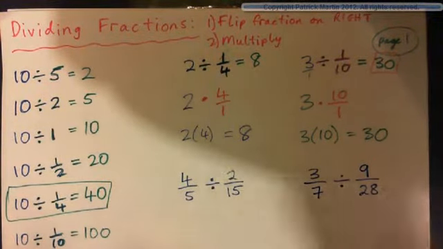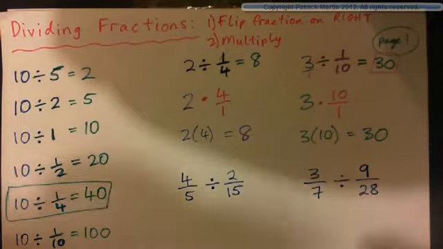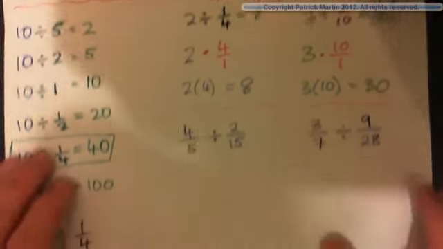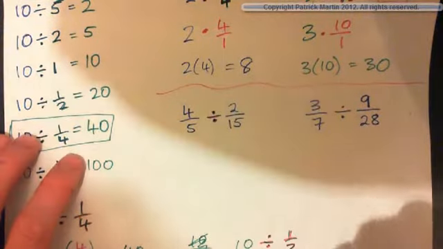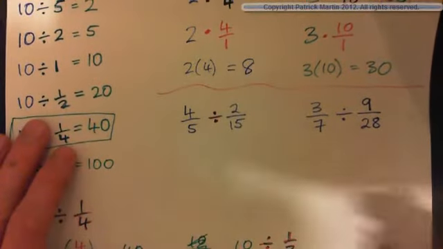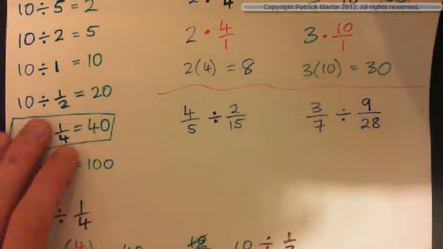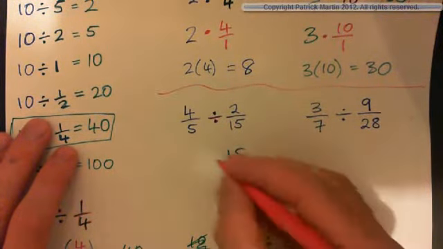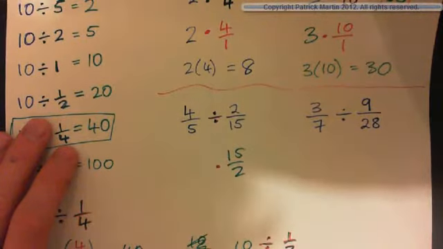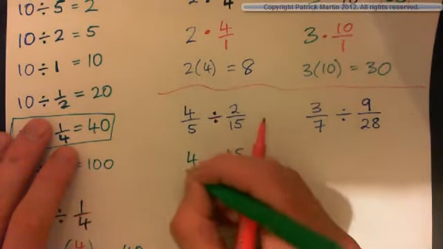Same thing, flip the fraction on the right and then multiply. Okay, so these two examples, 4/5 divided by 2/15. I don't have a cool story for these ones. But we're going to flip the fraction on the right, 15 over 2.